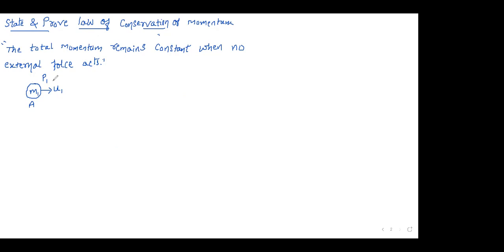What is the second body mass? Let us say the second body mass is m2, momentum is p2, moving with velocity u2.